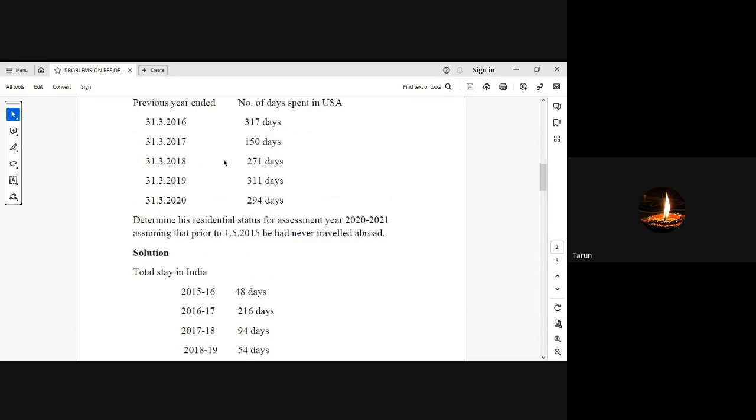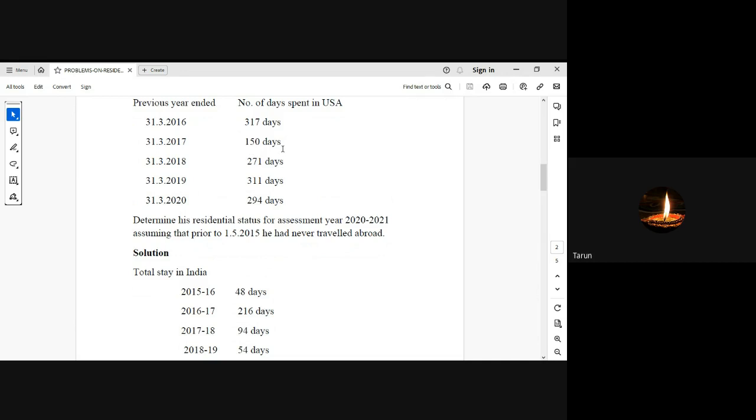Let's come to 2016-17: 150. If we deduct it from 365, it is 215. It's not 216, it's 215 days. It's a typing error.